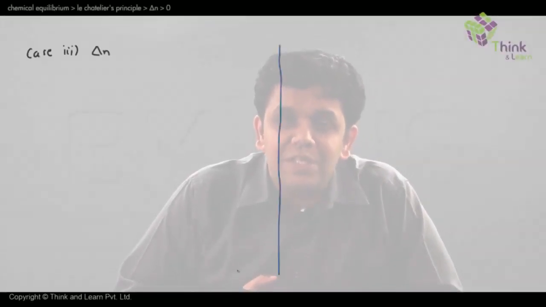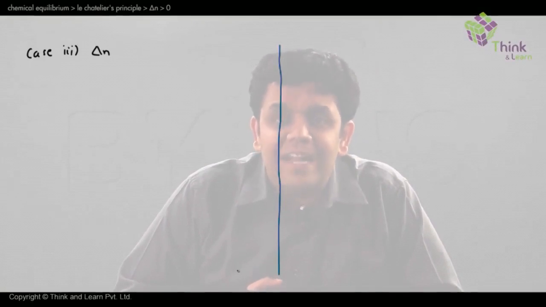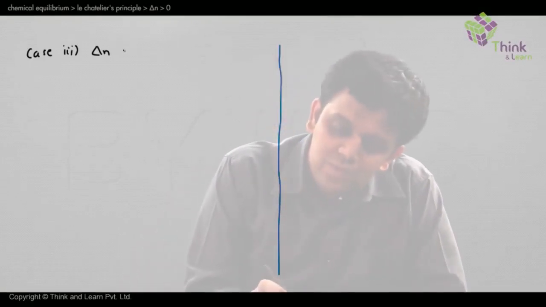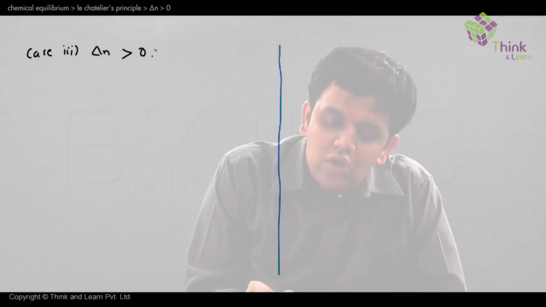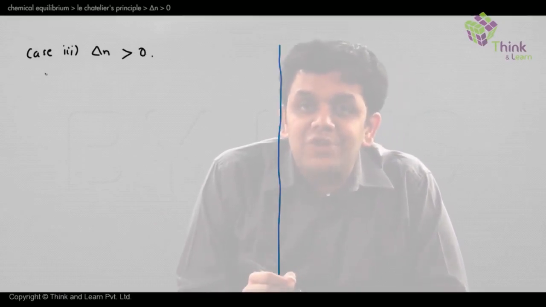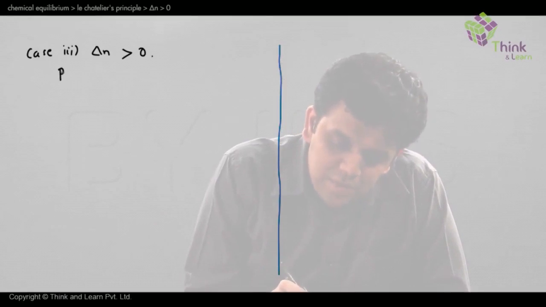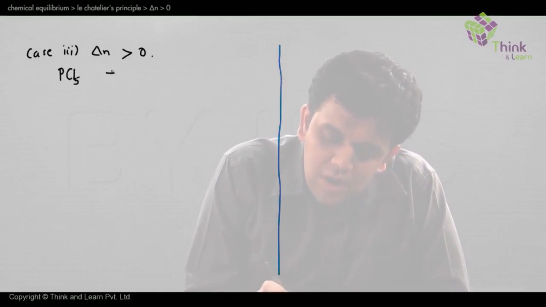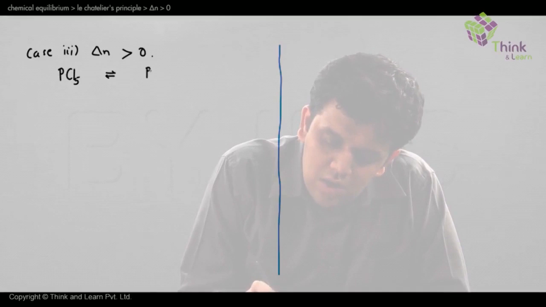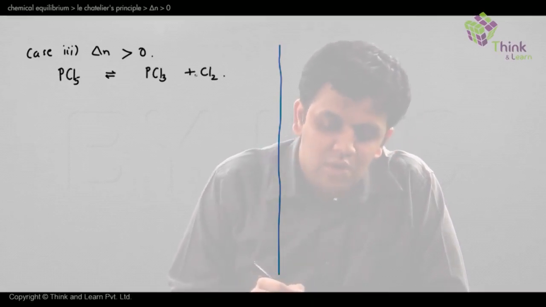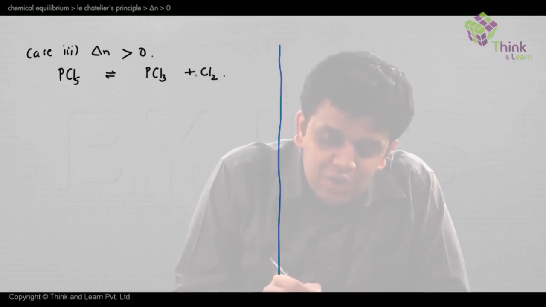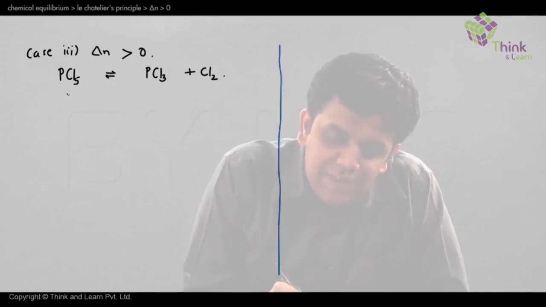Next, let us learn what happens with respect to Le Chatelier's principle, where delta N is greater than 0. So let's take your favorite example, dissociation of PCl5, phosphorus pentachloride. In this case, let us assume that there is 1 mole of PCl5 initially.